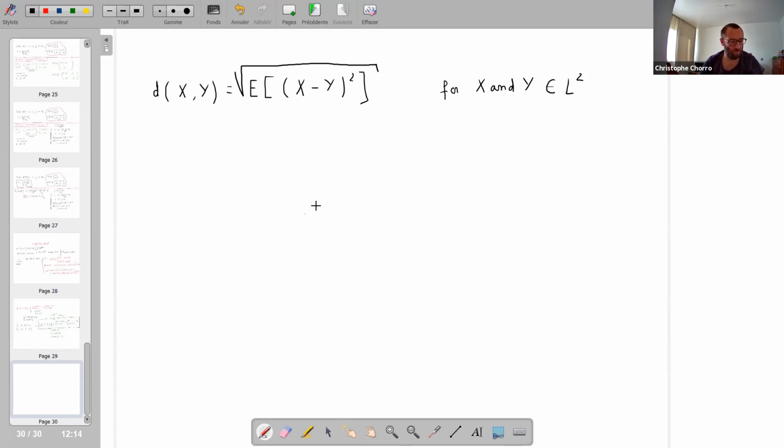Just to be sure if I put the square root or not, yes, I put the square root. I have already introduced this quantity in two situations.